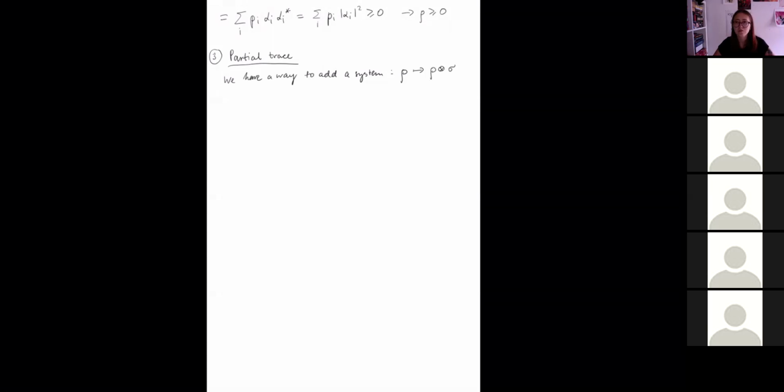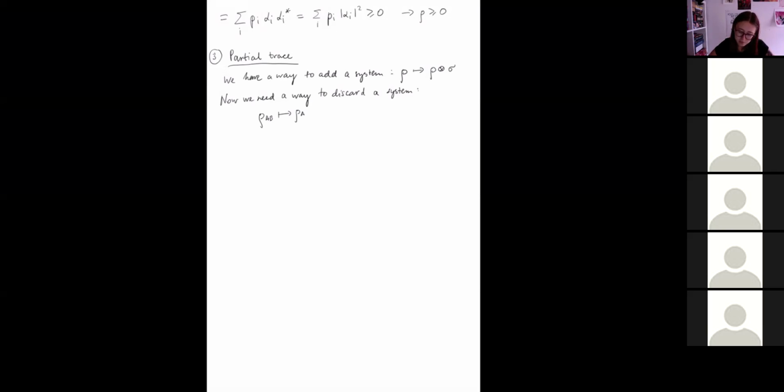What we also would like to do is we need a way to discard a subsystem. So for example, if we have a state on two systems, say rho AB, then we need a way to be able to map it to just a reduced state of the system A alone.